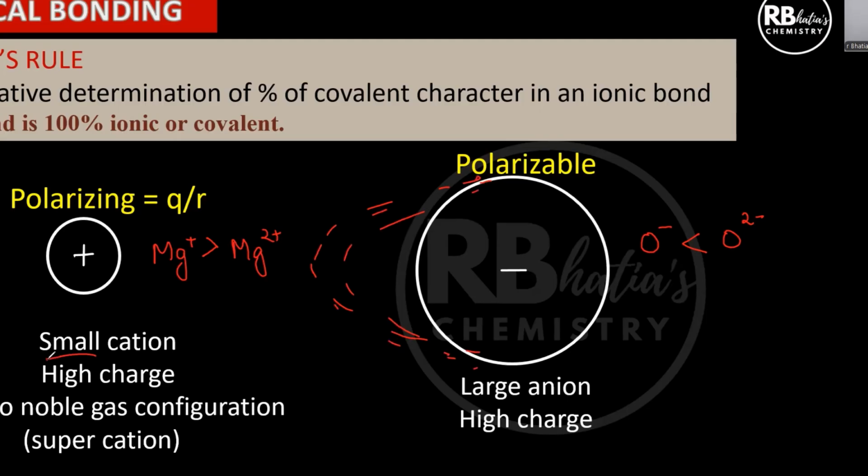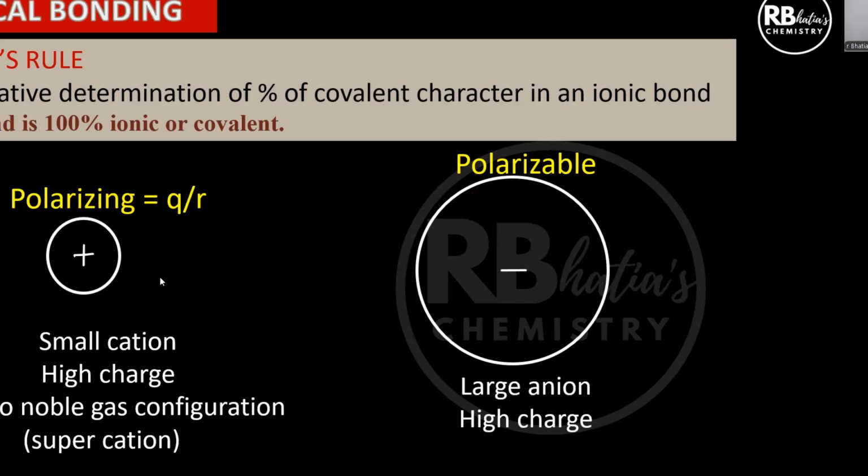So small cation, high charge makes a cation more polarizing, and large anion, high charge means the electron cloud is more easily distorted. So it is more easily polarizable. These are the main characteristic points that will help us decide the percentage of covalent character.